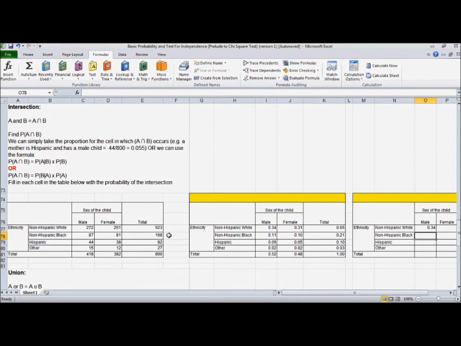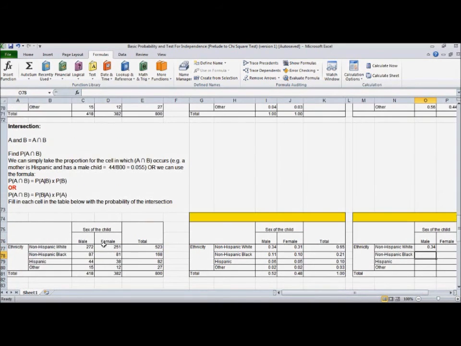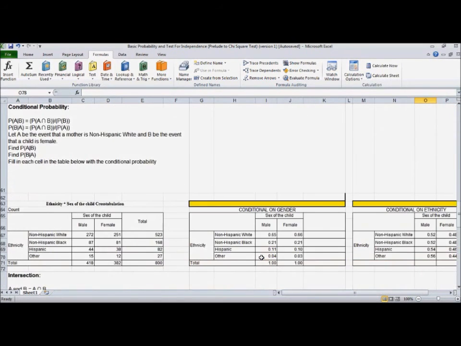Now in the answer key posted on Blackboard, these tables are filled with the values using both the formula and the simpler method. Same thing for conditional probabilities. When you look in the answer keys, you'll see that one table uses the simpler method and one table uses the full formula.